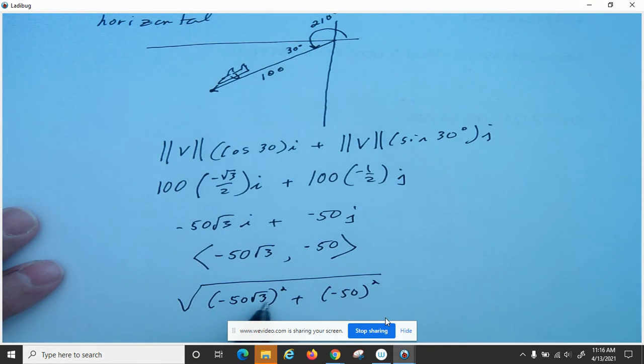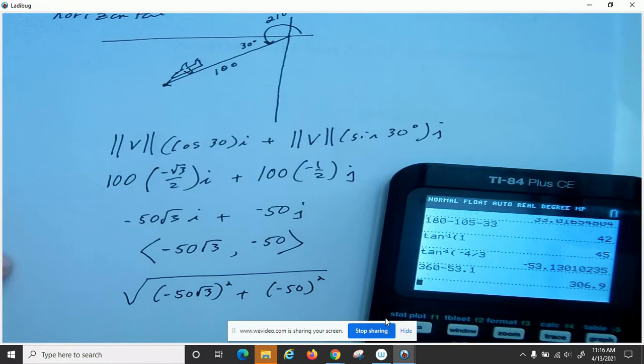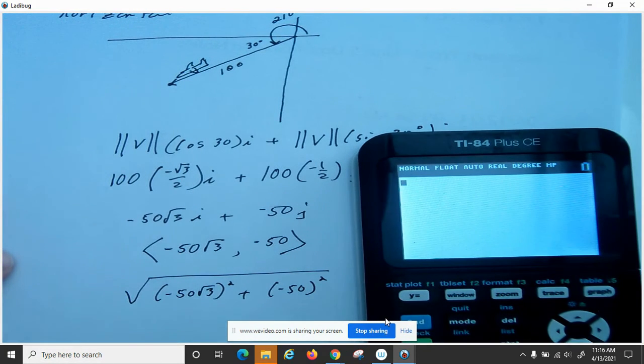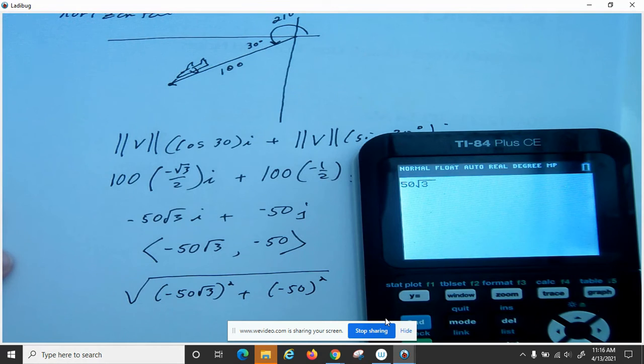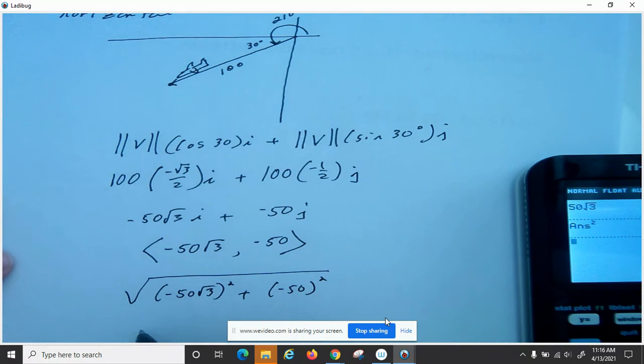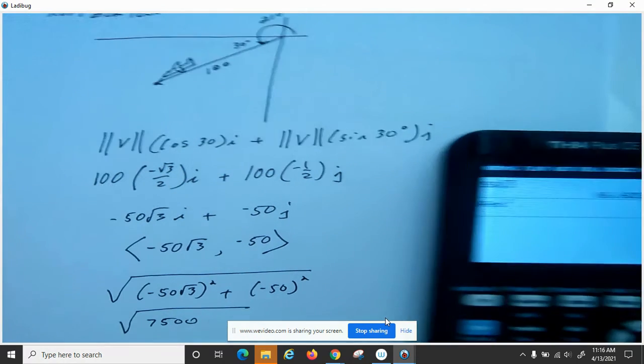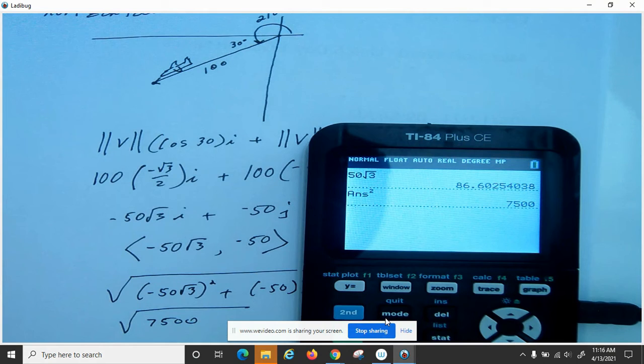Square it. 50 root 3 squared will give me 7,500. 50 squared is going to give me 2,500.